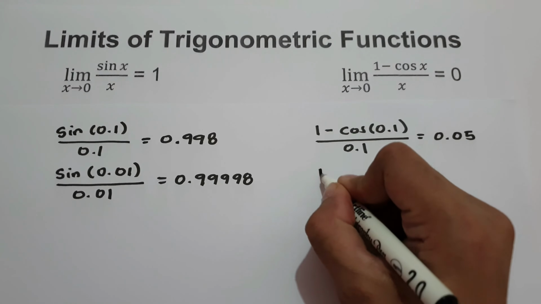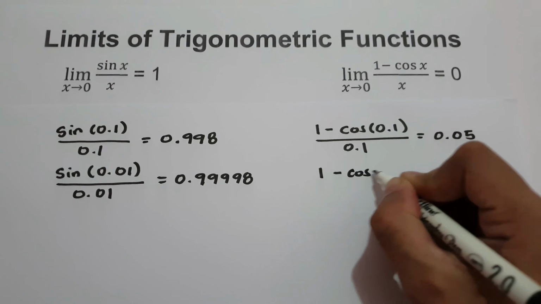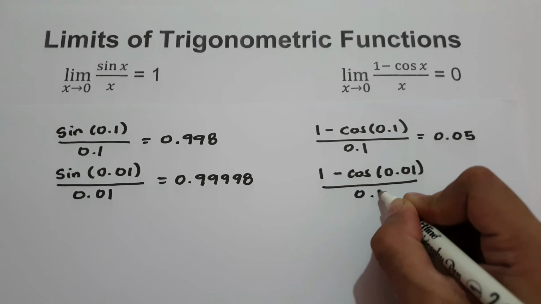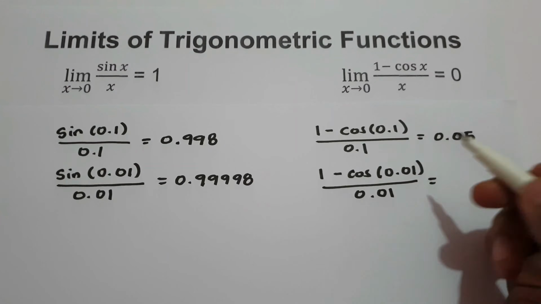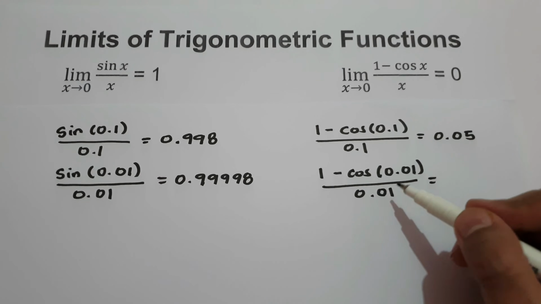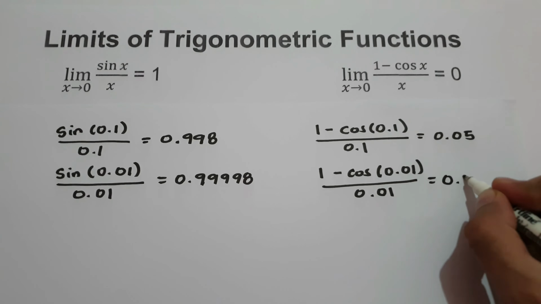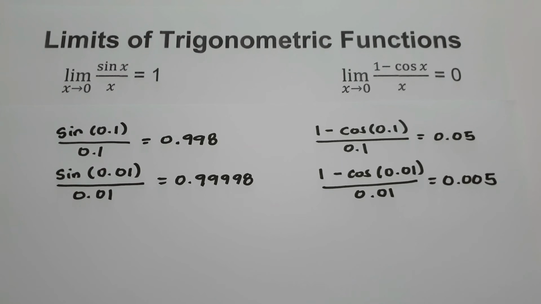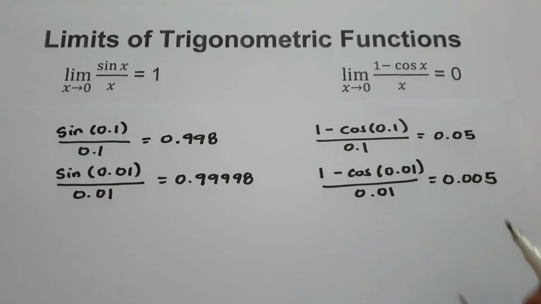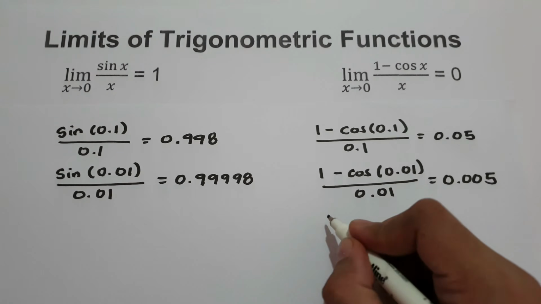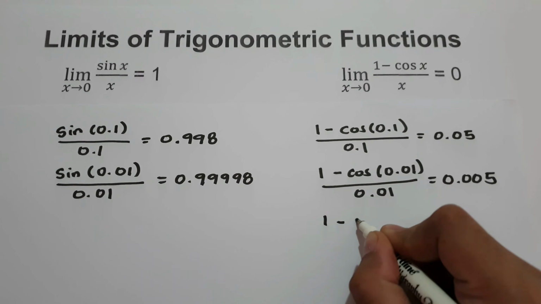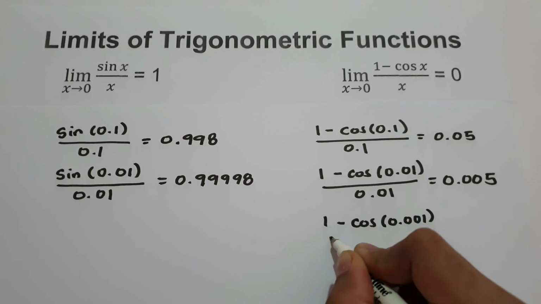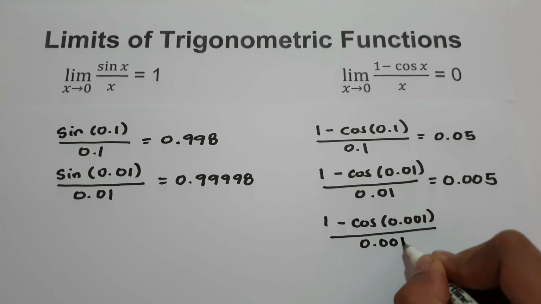So let's have 1 minus cosine 0.01 divided by 0.01. If you are going to simplify this using your calculator, you are going to have 0.005. So let's try another number which is even closer to 0, and let's see what happens. So let's have 1 minus cosine 0.001 divided by 0.001.